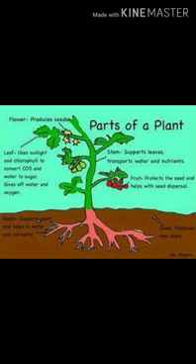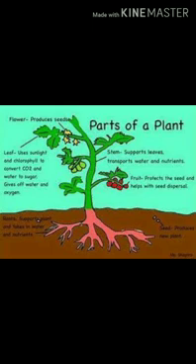And who is carrying the water and minerals to the leaf? Stem. This part of the plant is called stem. It is the support of the plant and it carries water and minerals to the leaf so that they can cook the food.